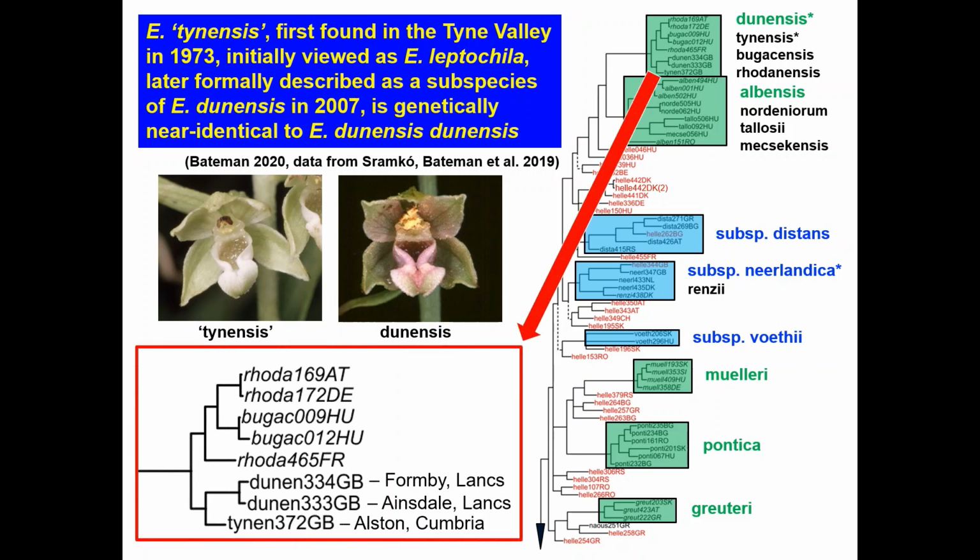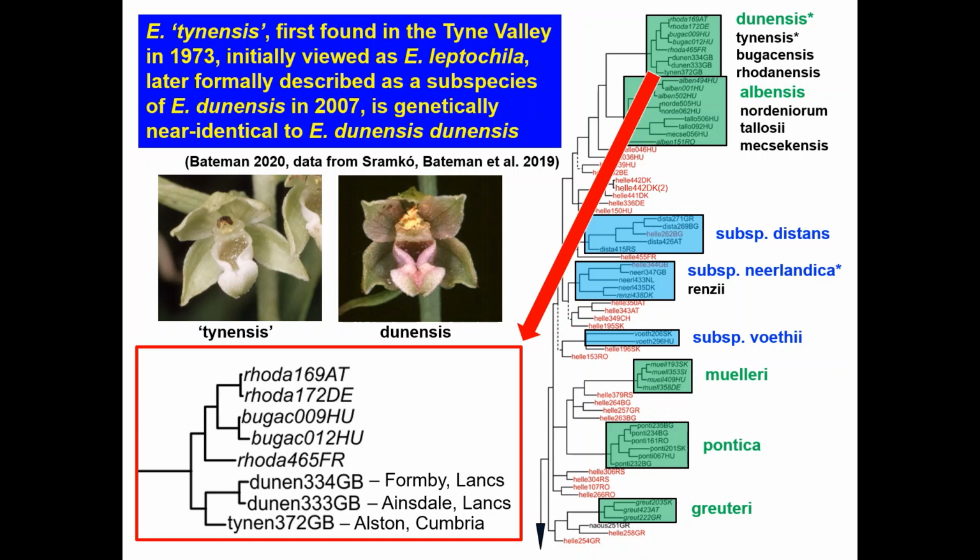This is the Junensis portion of the tree. And two plants of Junensis and one of Tynensis were analysed as part of this project. The two plants of Junensis from the Type region in Lancashire, Tynensis from Alston in Cumbria.